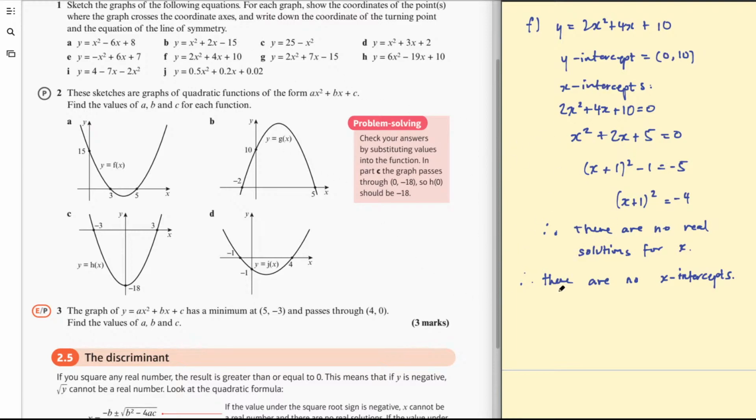So the only other thing then that we have to find is the minimum or maximum, and we do that by completing the square.